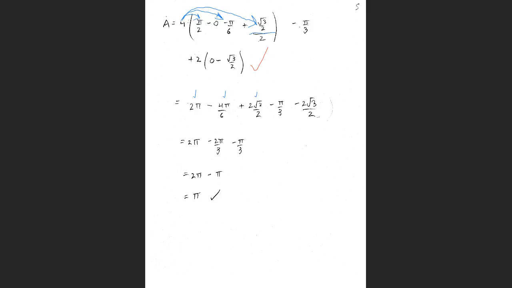And then we have the minus pi over 3 here. And then 2 times negative root 3 over 2 is negative 2 root 3 over 2.